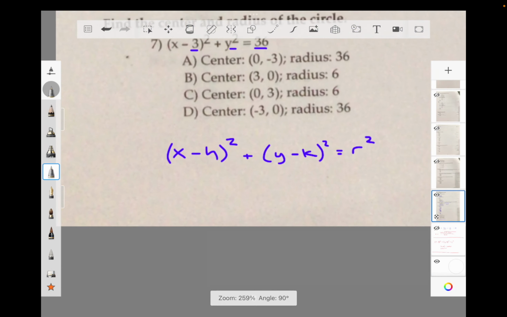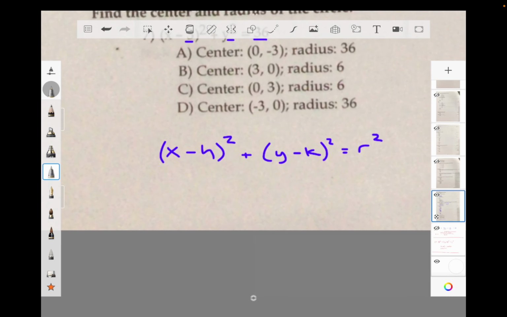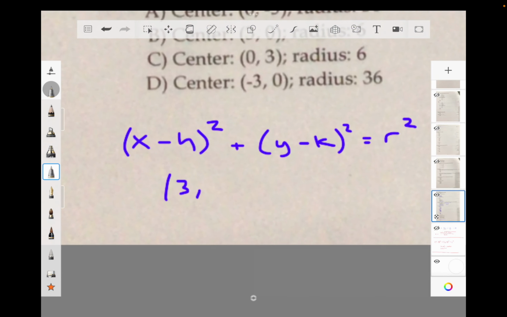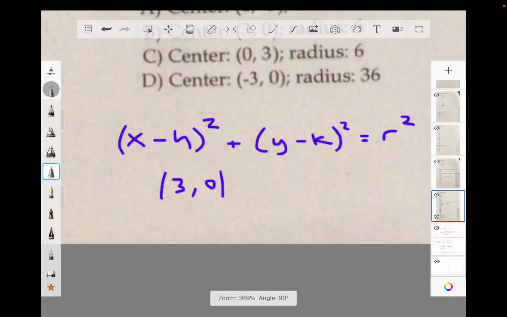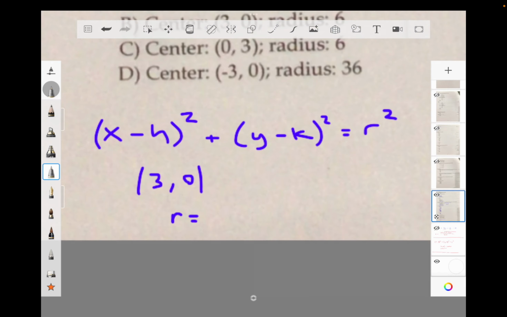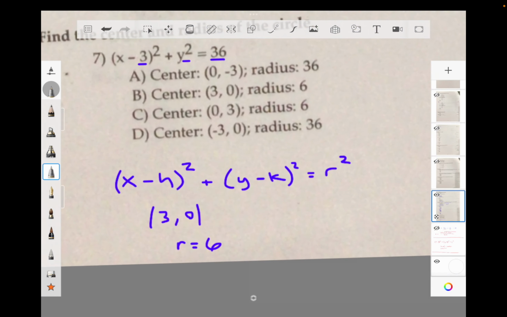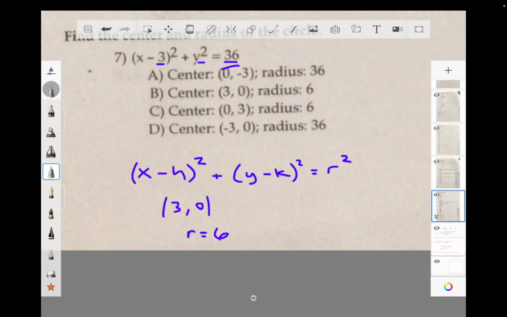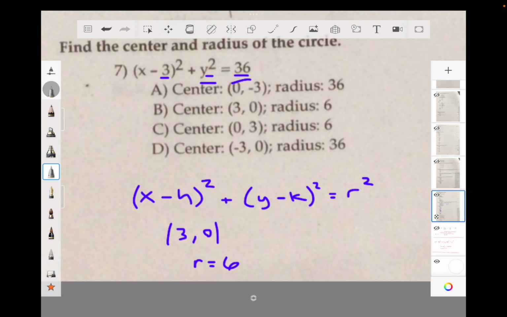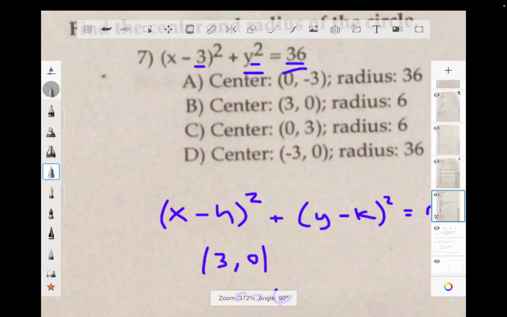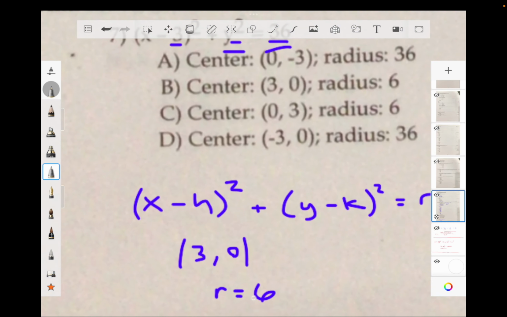And so our center x coordinate is going to be 3, our center y coordinate is going to be 0, and our radius is going to be 6. Because 6 squared is 36. y minus 0 squared is just y squared. And then x minus 3 is the same thing if I just plug in 3 into h.